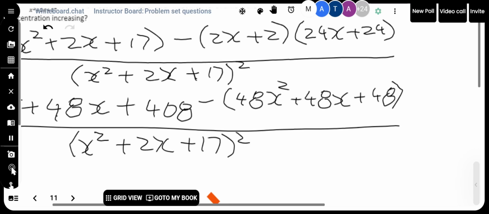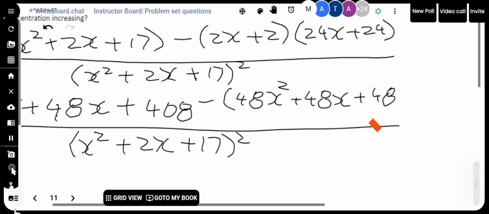Another 48x, you're saying. Absolutely. So the 24 times the 2x times the 24 gives us a 48x squared. That's fine. The 2x times the 24 gives us a 48x, but we have another 2 times 24 to give us another 48x. So let's just erase that, and let's now put in, let me grab my stylus here, that other 48x.